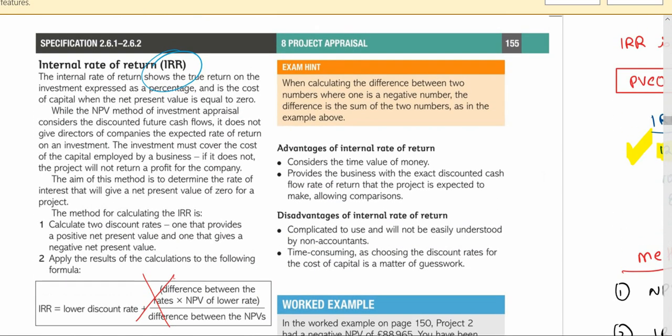Now here are some advantages and disadvantages of the IRR. For the advantages, it considers the time value of money. Obviously in IRR, net present value we are also using. It provides the business with the exact discounted cash flow rate of return that the project is expected to make, allowing comparison.